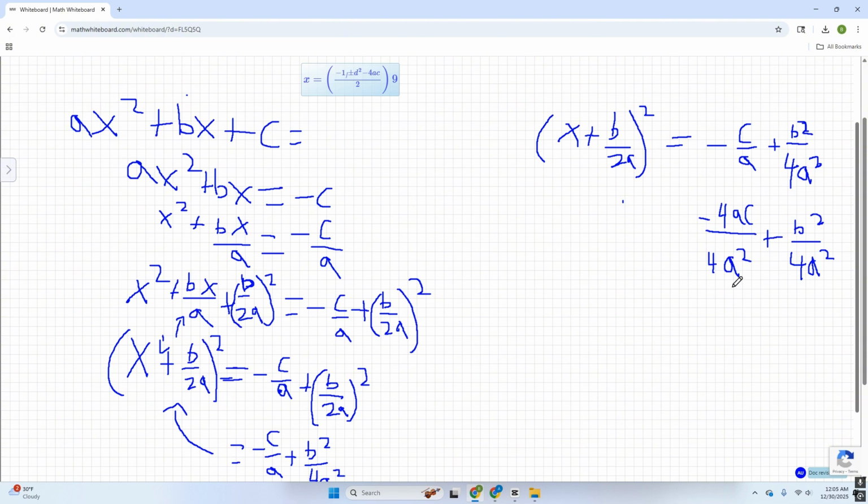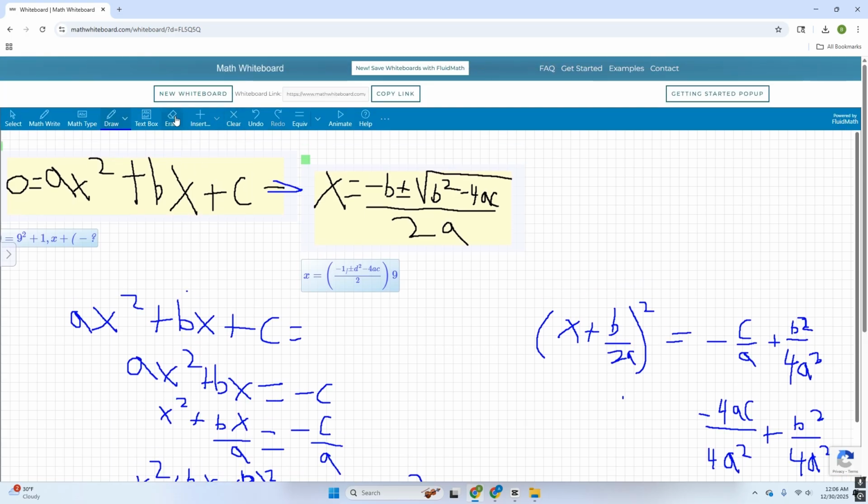Okay, now we get to the point on why we made their denominators the same. We add them. But the problem is, we can't directly add them right now. So, we're getting closer to the quadratic formula, though. So, when we move this over to the left side, sorry, let me just erase that.